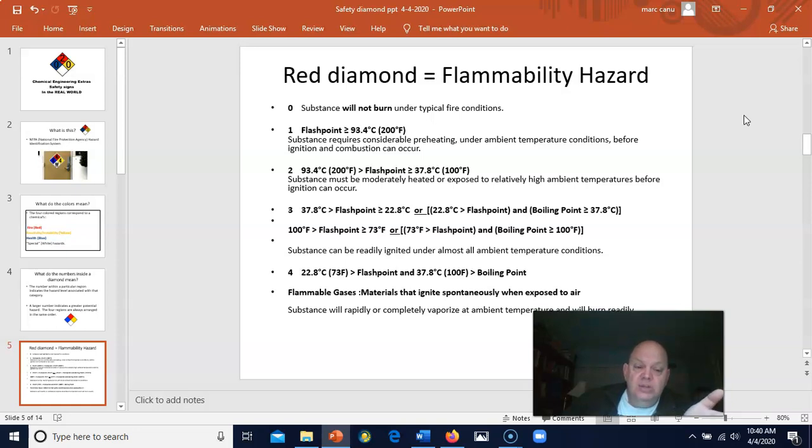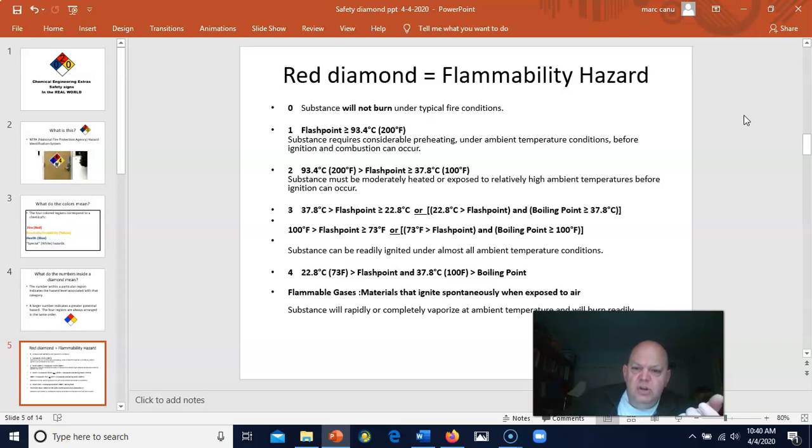That's what they mean. It's regular temperature conditions for that day. Boom. Okay. Now, when you look at level 4, you notice that the flash point there is now between 73 and 100 Fahrenheit.